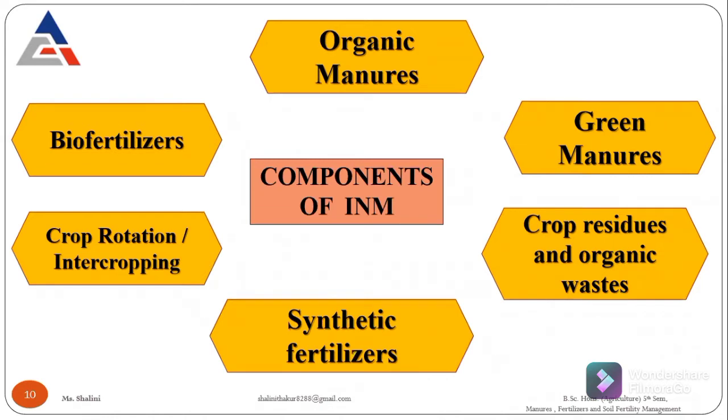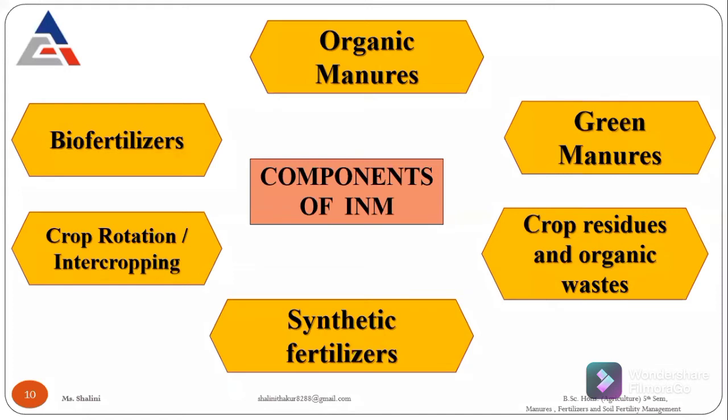The examples are farmyard manure, compost, vermicompost. Concentrated organic manures are applied in small amounts because they have high nutritive value as compared to bulky organic manures. The examples are oil cake, blood meal, bone meal.